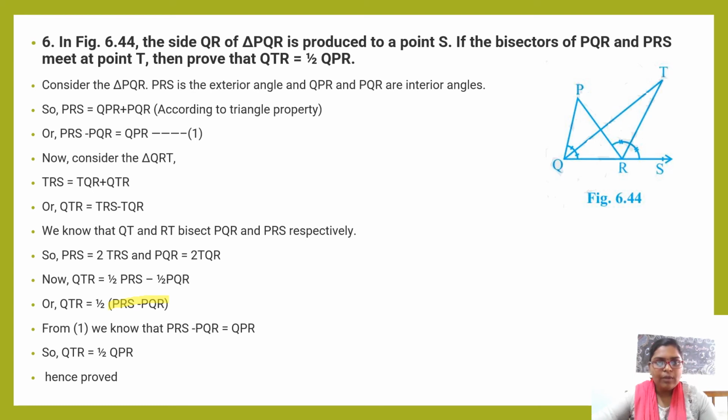Okay. Now from the equation 1, we know that PRS minus PQR means QPR. So instead of PRS minus PQR, I can substitute QPR. So this is what we have to prove. QTR is equal to half of QPR. This is the thing we have to prove. Okay? Thank you so much for watching this video.